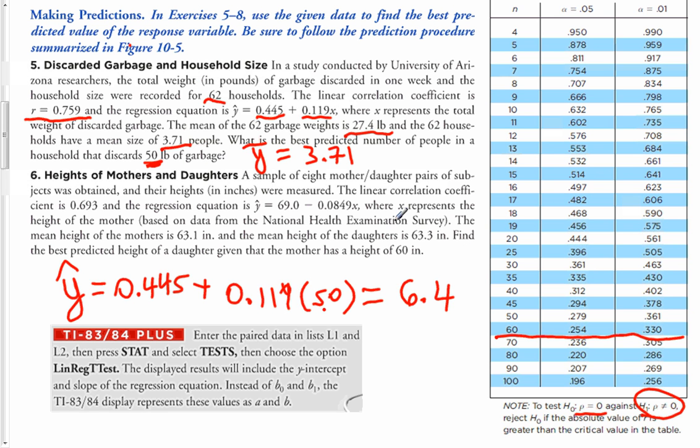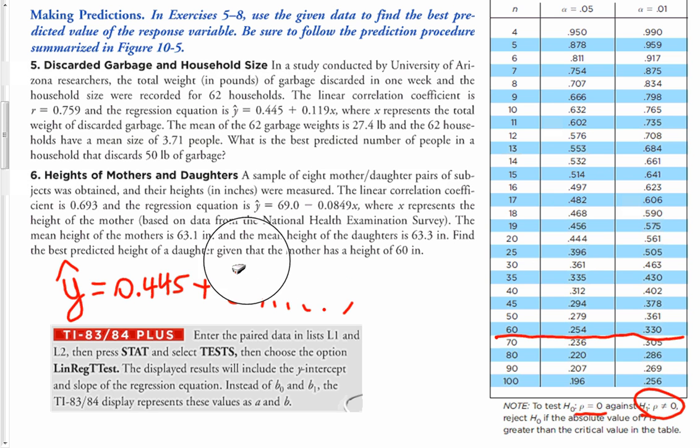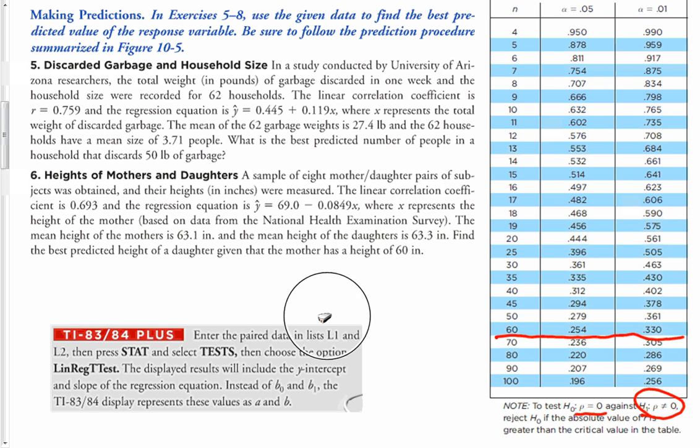Now let's look at an example where there is no linear correlation. So for this one, we found a predicted household size for 50 pounds of this discarded garbage to be 6.4. Now let's take a look at number 6. In number 6 it says, a sample of 8 mother-daughter pairs of subjects was obtained.